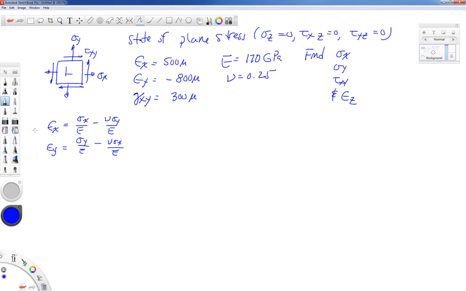If I take the bottom equation and the top equation, I multiply both sides by E, I will get E epsilon x is equal to sigma x minus nu sigma y. And likewise, on the bottom, E epsilon y is equal to, I'm going to move it here, sigma y minus nu sigma x. If I multiply the bottom equation by Poisson's ratio and add the two equations together, I'll get the sigma y terms eliminated.